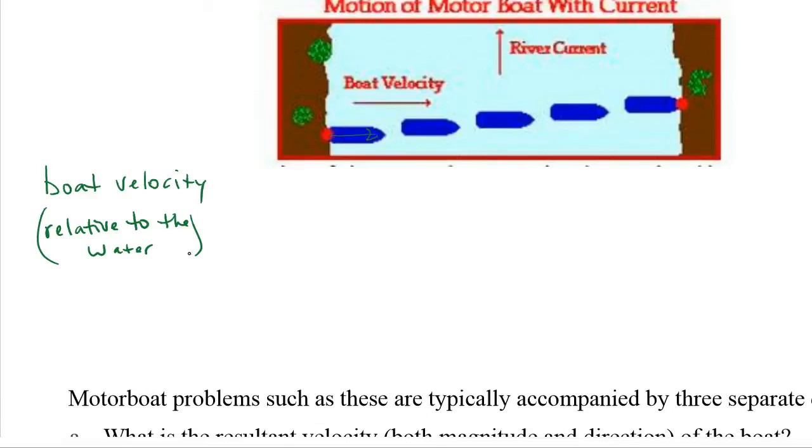This is the boat velocity relative to the water that it's in. And then the current is very similar to the wind, right? So the current is the velocity of the water relative to the shore.